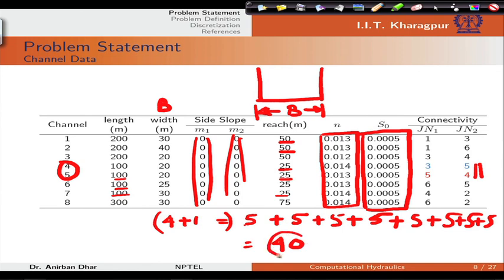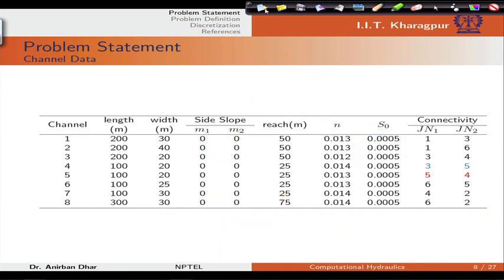So, all total we will have 40 plus 40, 80 unknowns, y plus q, but there will be another unknown that we will consider during discretization.